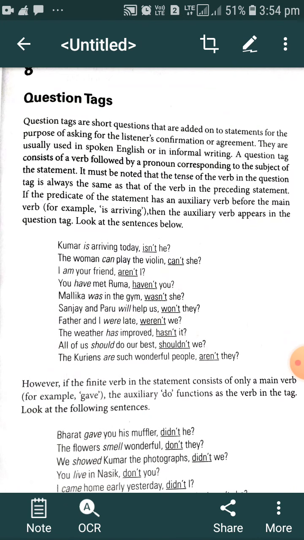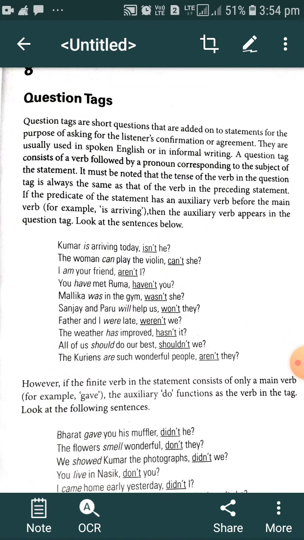So question tags are short questions that are added on to statements for the purpose of asking for the listener's confirmation or agreement. This is the sole purpose of a question tag. Generally we don't use it in formal language or formal writing.